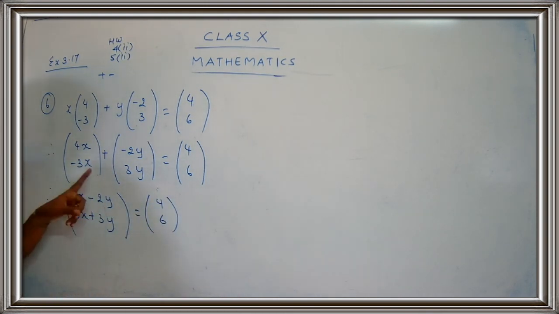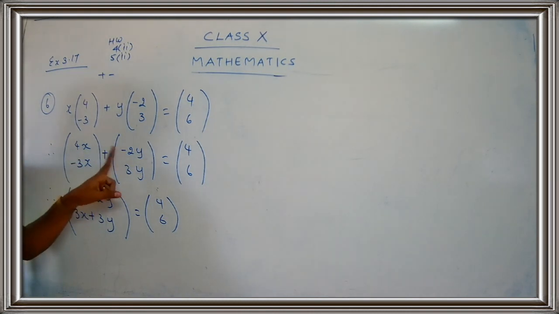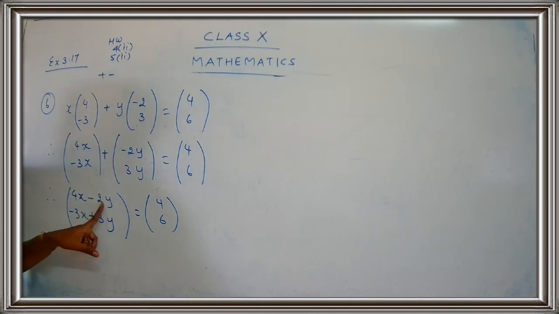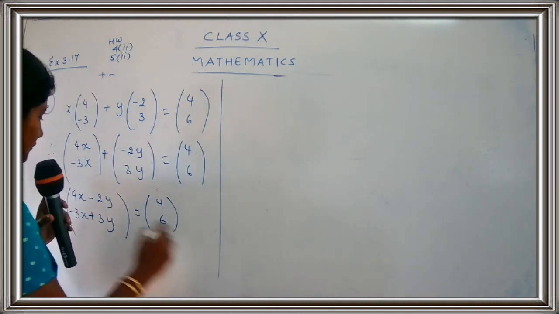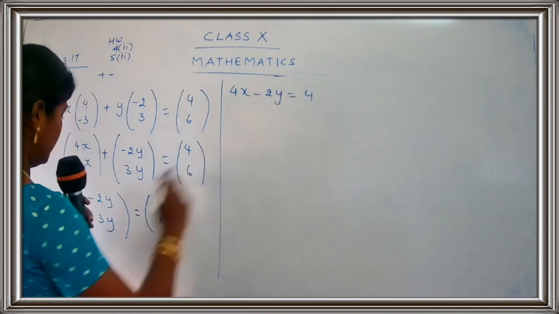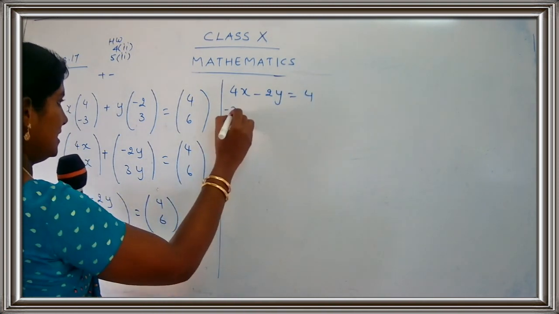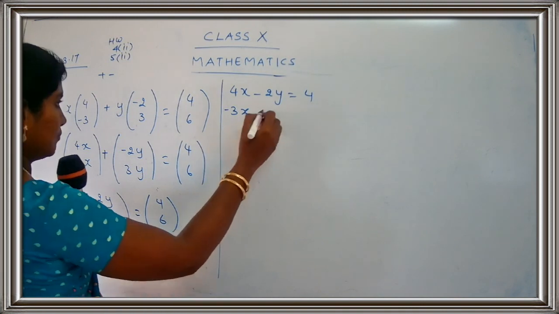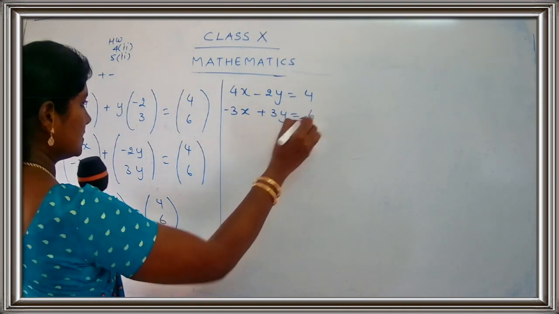So we have added the matrices: 4x plus minus is minus 2y. This is minus 3x, so I just take it as minus 3x plus 3y is equal to 6. Now this is the equal matrix, so I am just going to equate the values. So I get here 4x minus 2y is equal to 4, and minus 3x plus 3y is equal to 6.